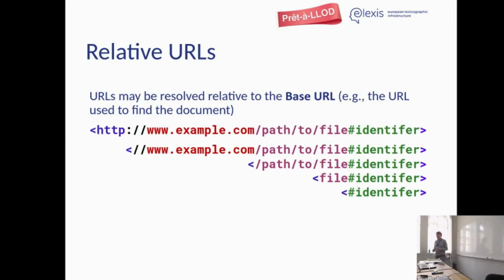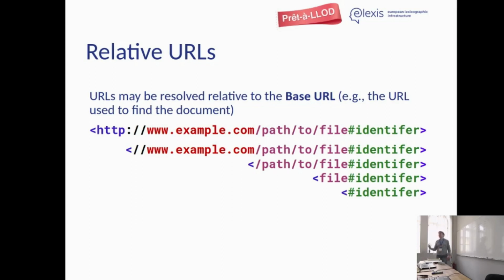And one thing that's important to note is that we can abbreviate URLs by using this idea of relative resolution. In fact, we can abbreviate URLs by dropping any part from the left. If you're not a web developer, this second one probably looks quite unusual to you, but it is perfectly valid. It's basically the same resource, but we're dropping the protocol.